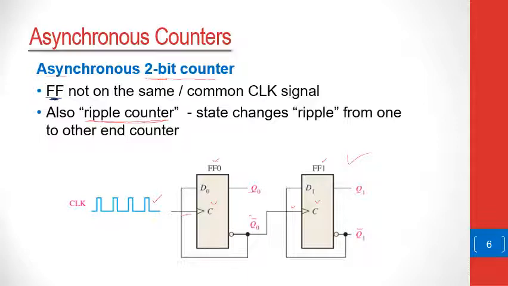That in turn influences the clock input of flip-flop 1, which in turn influences Q1 and Q1 bar. Because the state seems to ripple from flip-flop 0 all the way to flip-flop 1 and the other subsequent flip-flops, this is sometimes called a ripple counter.